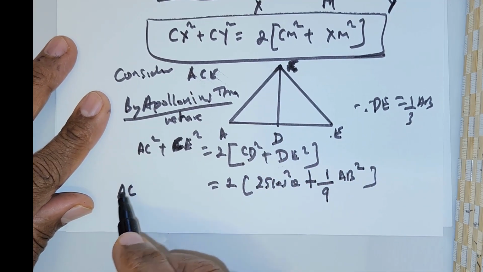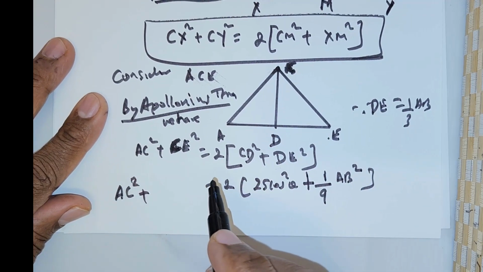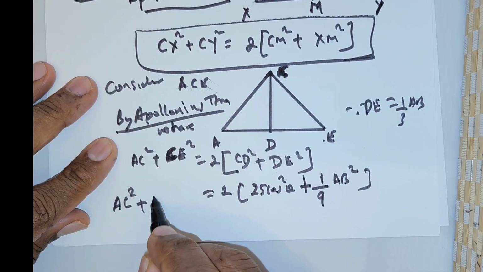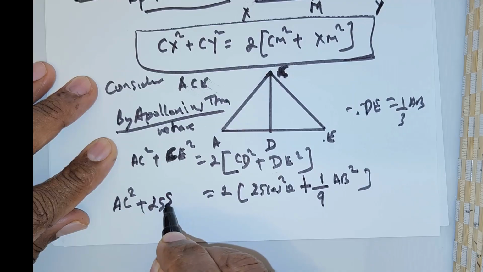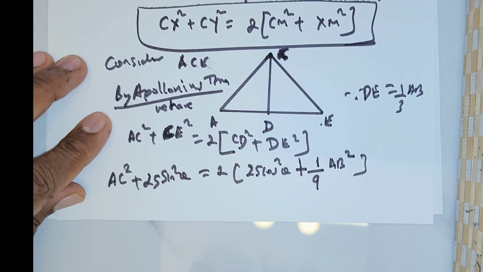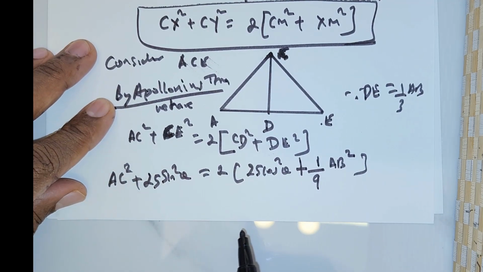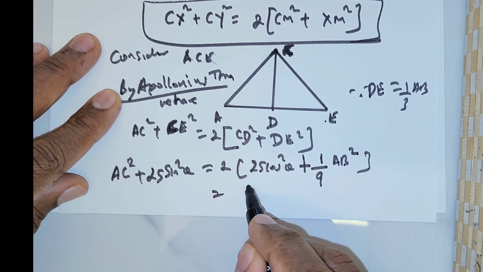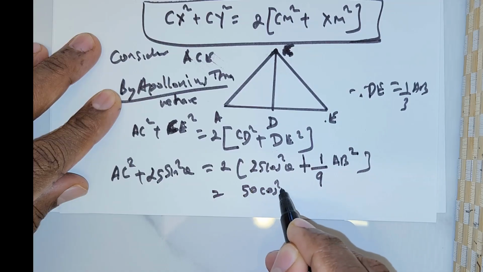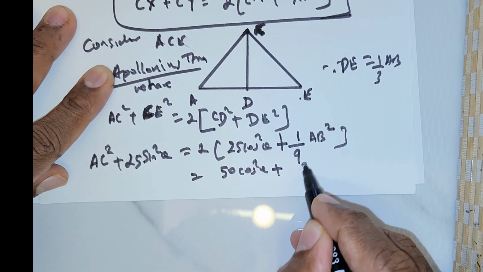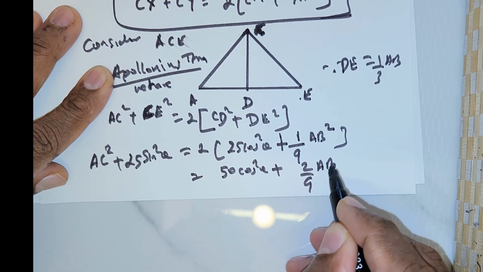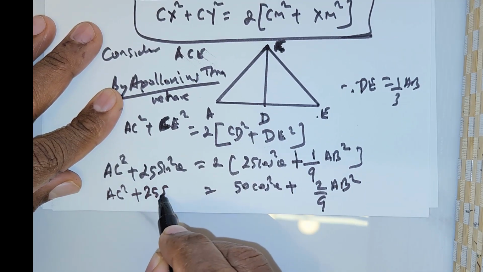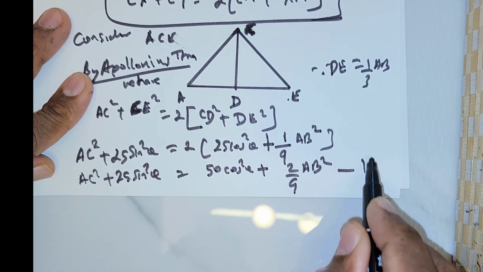No, we don't have anything for AC. So AC squared plus CE squared, that's 25 sine squared theta. We can distribute this. We get 50 cos squared theta plus 2/9 AB squared is equal to AC squared plus 25 sine squared theta. This is system 1.